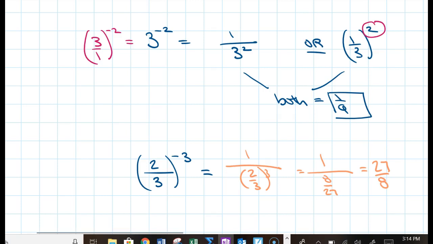But in this case, I would opt to just take this base, the base being that which is raised to the exponent, and reciprocate that. Make it 3/2, and then make the exponent positive this way. That gives you 27 over 8.